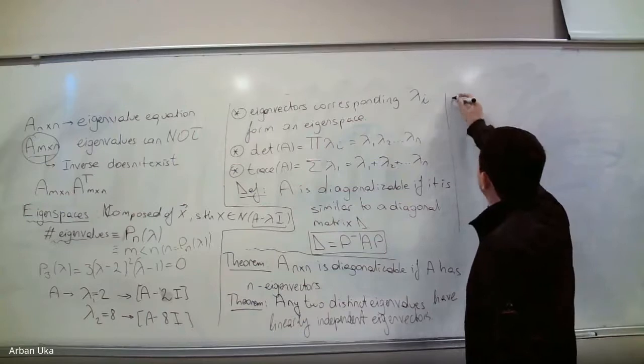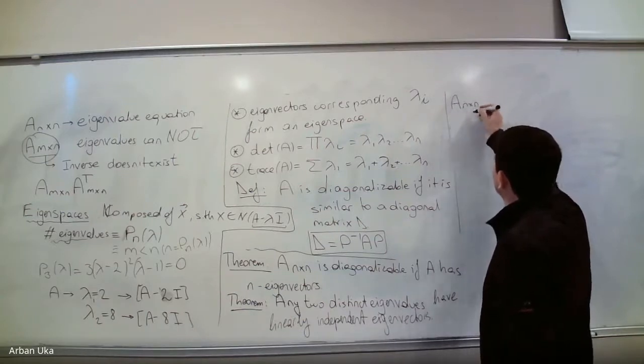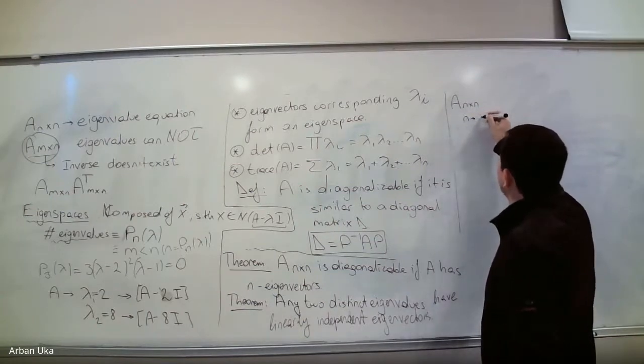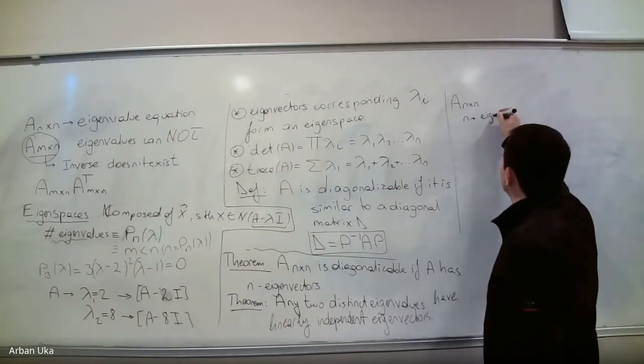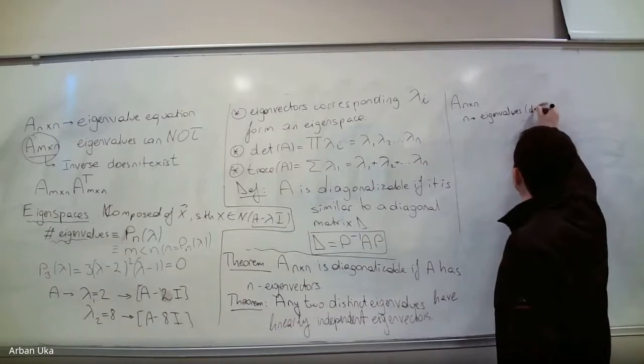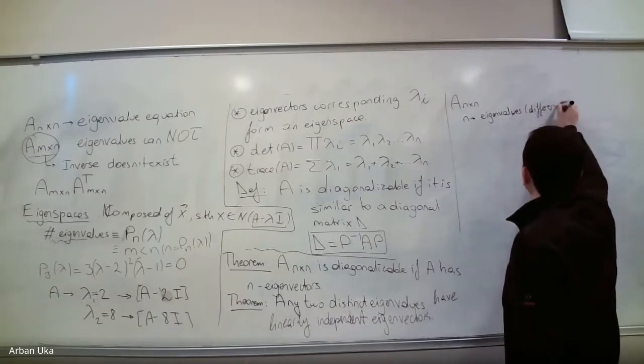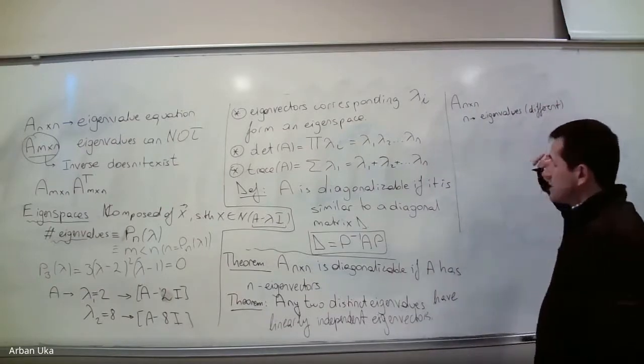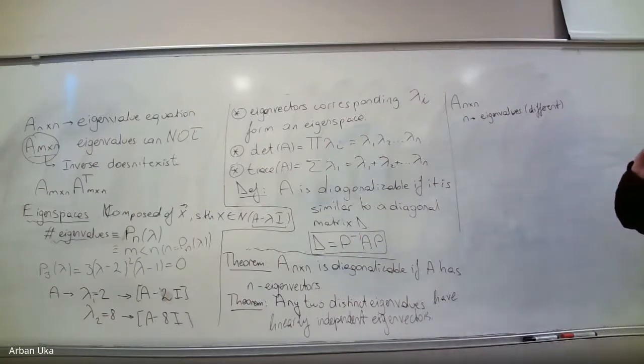So let's assume we have a matrix n by n, and we have n different eigenvalues, different from each other. Is this matrix A diagonalizable? What do you think?